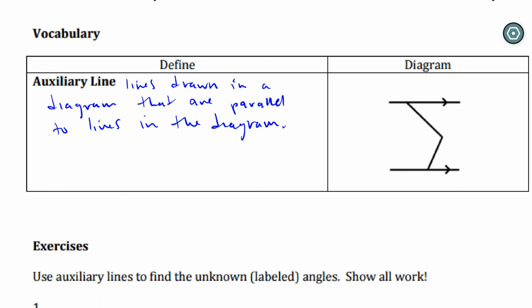So in this picture, my auxiliary line is going to be here. And I'm going to put it through that point where these 2 transversals intersect or change direction.